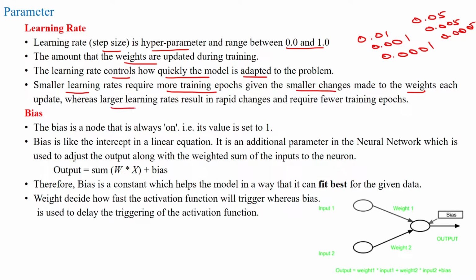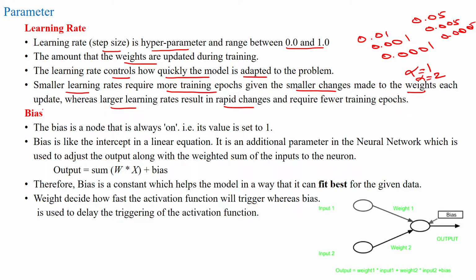Whereas if you use larger learning rates, for example, learning rate is 1 or 2, like alpha equal to 1, alpha equal to 2, then it will not converge quickly, but there is the possibility of rapid changes.